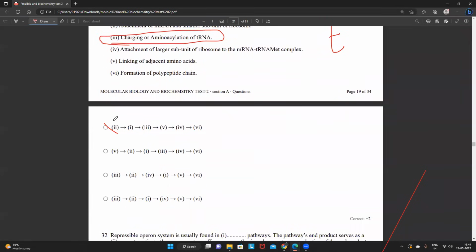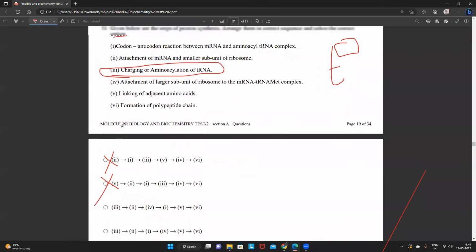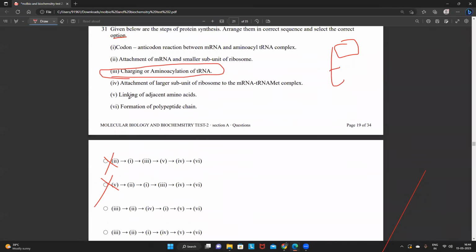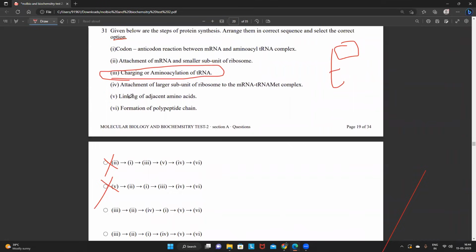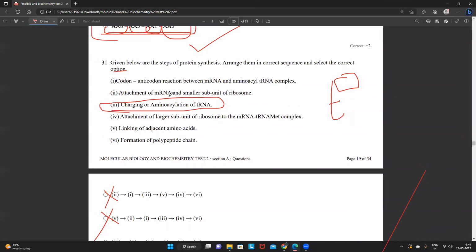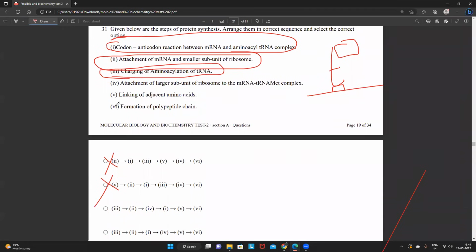So here only you can eliminate these 2 options easily. After the charging, what you have to see here, attachment of mRNA and smaller subunit of ribosome. Of course, that is also a true one. Then later what happened? Codon and anti-codon. So this is the codon present on the mRNA. tRNA contains the anti-codon. Then 3, 2, 1.